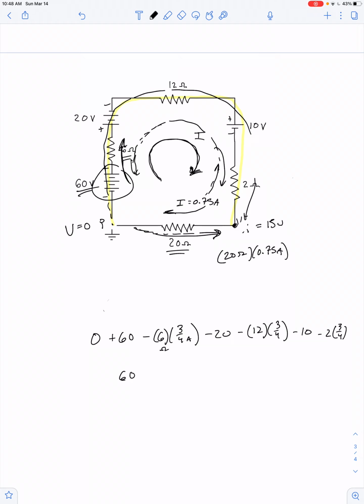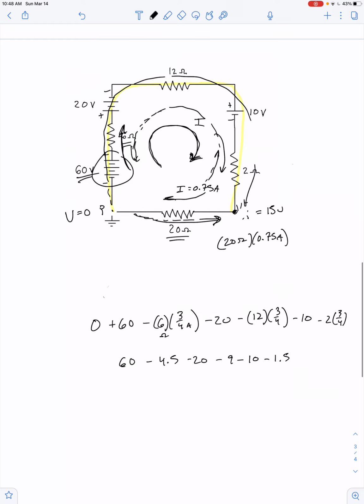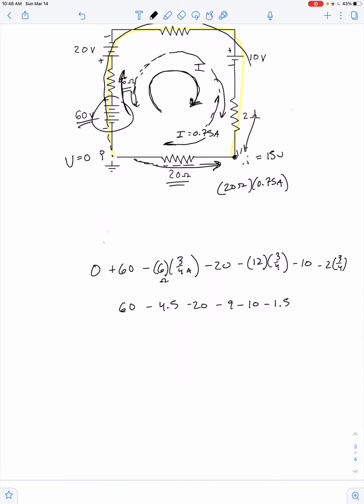So we have 60 minus 4.5, minus 20, minus 9, minus 10, minus 1.5. Let's see. Call that 11.5. Call that 20.5.